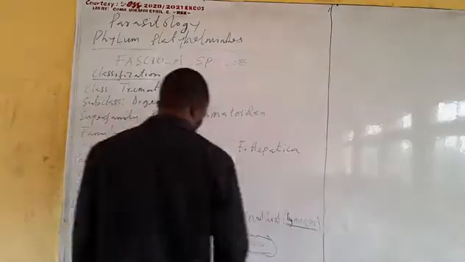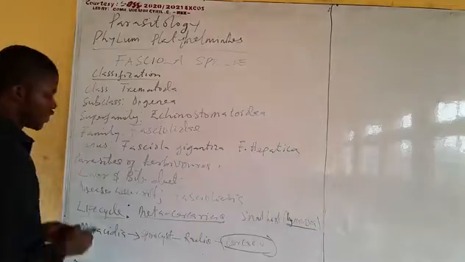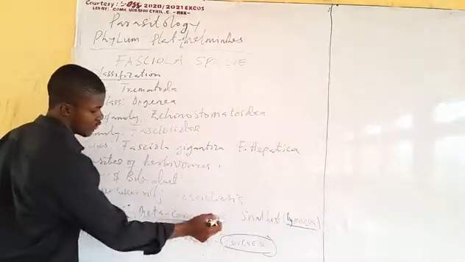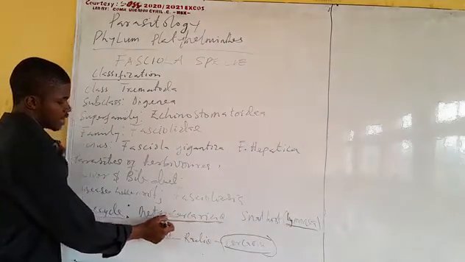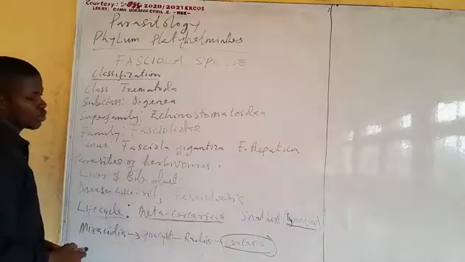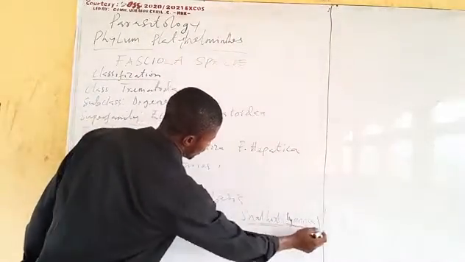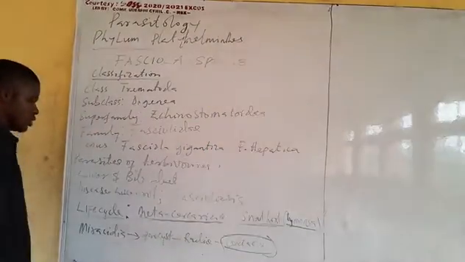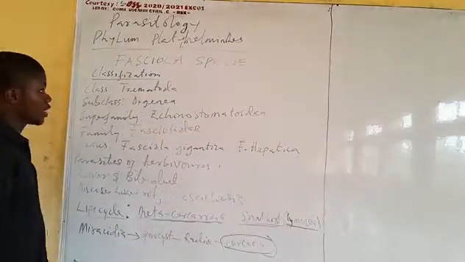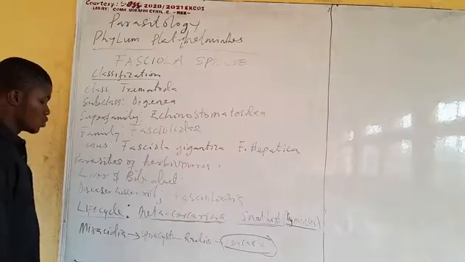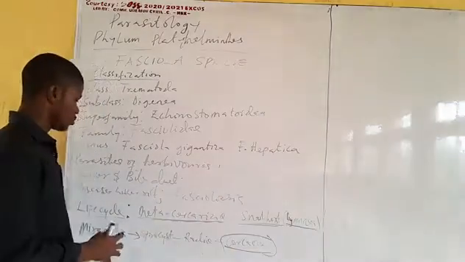So you must take note that the first stage of Fasciola is metacercaria, and the intermediate host is a snail of the genus Lymnaea. I want you to study them.